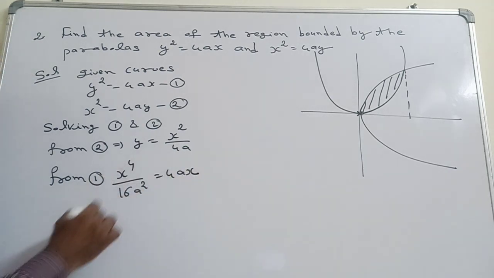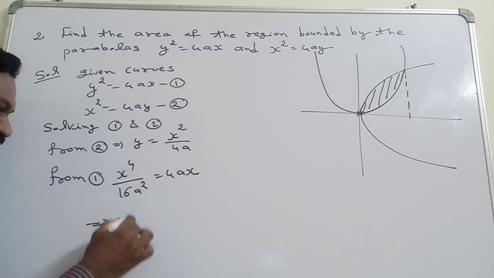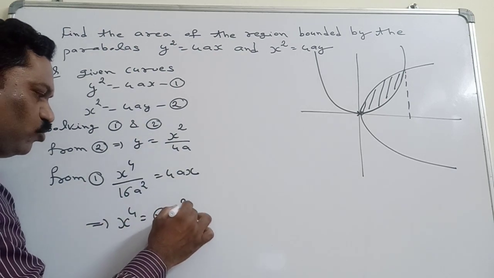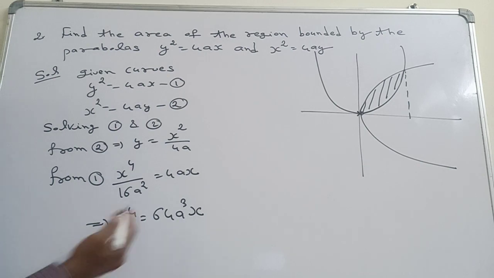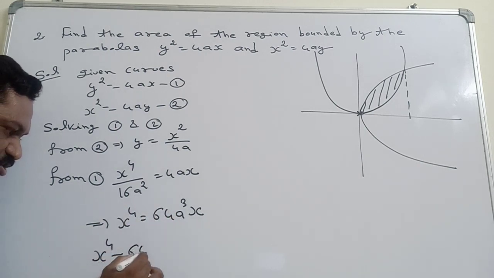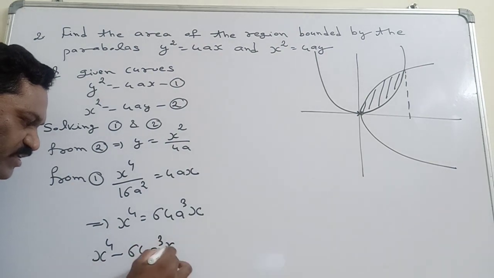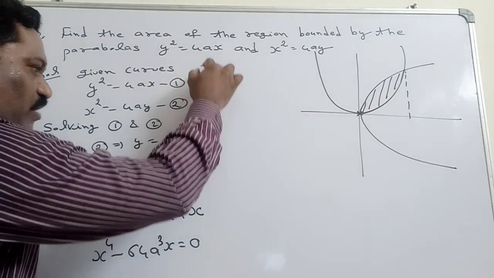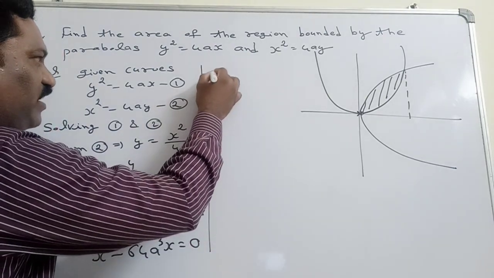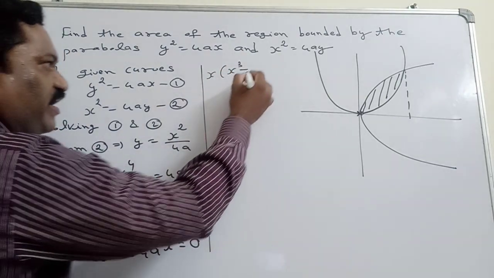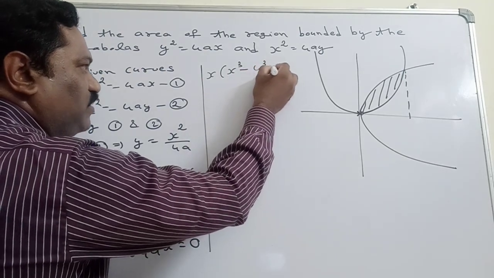Then cross multiply: x power 4 is equal to 16 fours are 64 a cube x. Now bring the LHS to the RHS: x power 4 minus 64 a cube x is equal to 0. Taking x common, we get x cube minus 64a cube, which we can write as 4 cube a cube, is equal to 0.